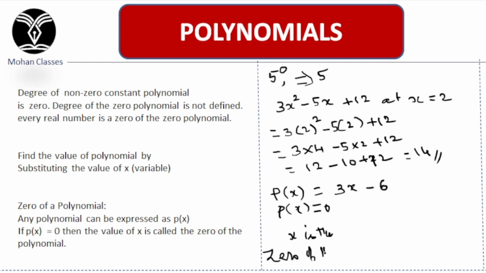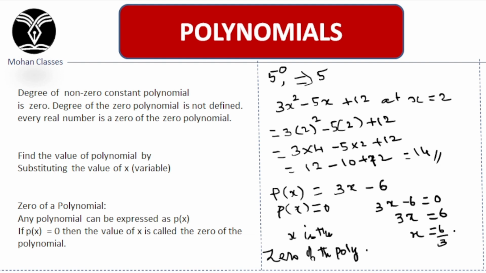Understand? Let us see. So 3x minus 6 we have to equate to 0. So 3x is equal to minus 6, which will go as plus 6, right? So x is equal to 6 by 3, that is equal to 2. If you substitute the value of x as 2 in this equation, what you will get? 3 2s are 6, 6 minus 6, 0.